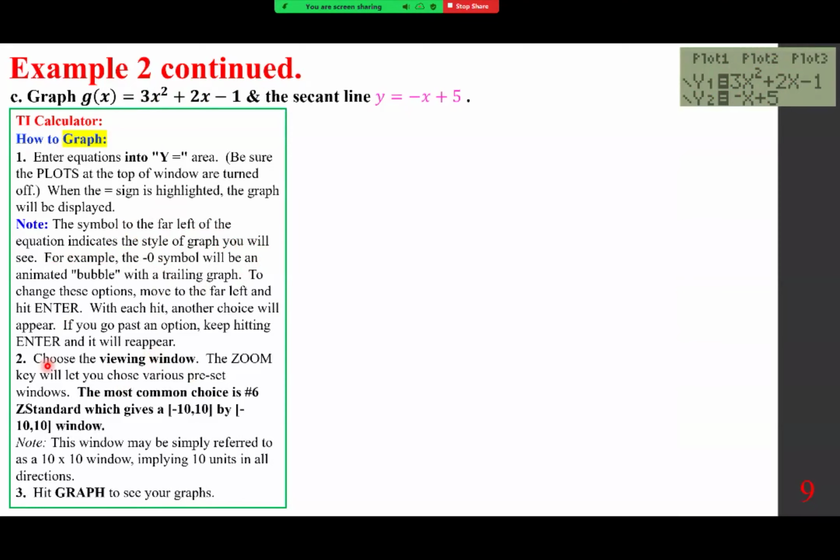And there is this information about the viewing windows, in case you can't see the entire graph, because normally it's a 10 by 10 window. So the most common choice is number 6, ZStandard, which gives a negative 10 to 10 by negative 10 to 10 window, okay?